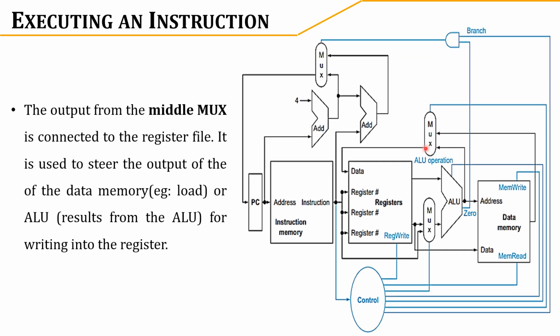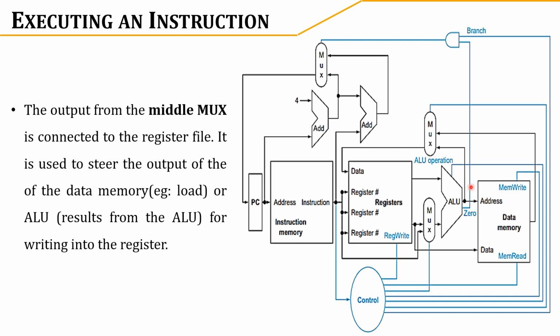The output of the middle multiplexer is connected to the register file. As we know, these registers can be used for storing the operands taken from the memory, as well as for storing the temporary results coming out from the ALU unit. If the operand is in the memory, we need to load the data from the memory to the register file, and also we need to store the temporary results from the ALU unit to the register file.